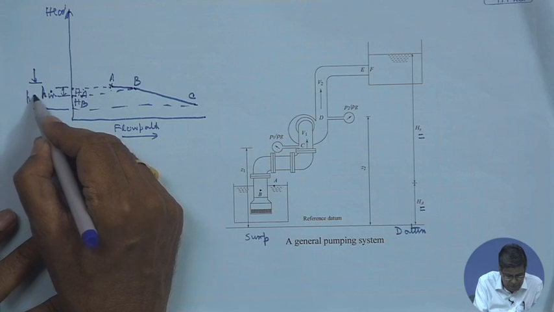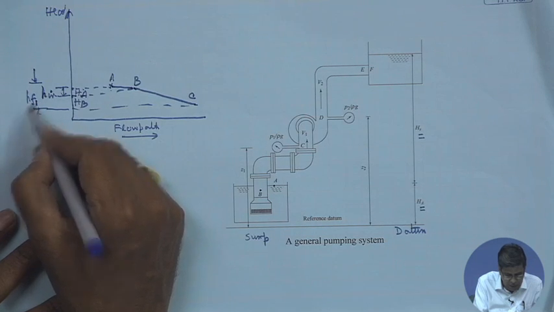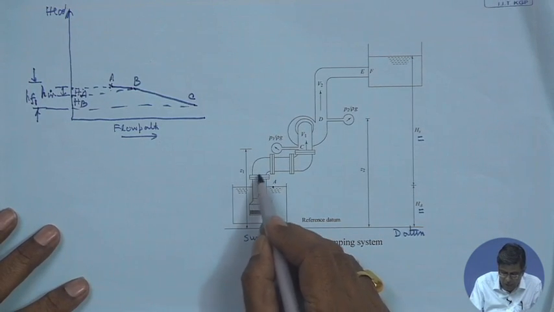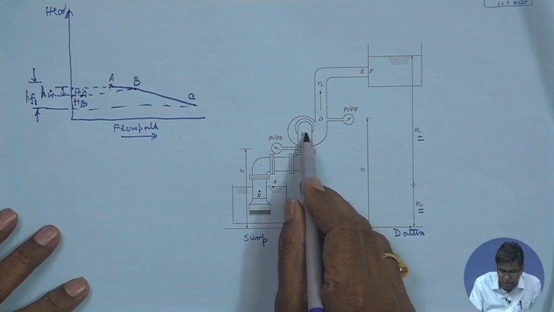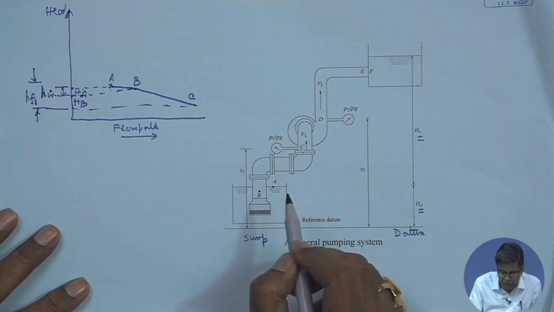We show this as HF1. HF1 is the loss of head in the inlet pipe up to the inlet of the pump.